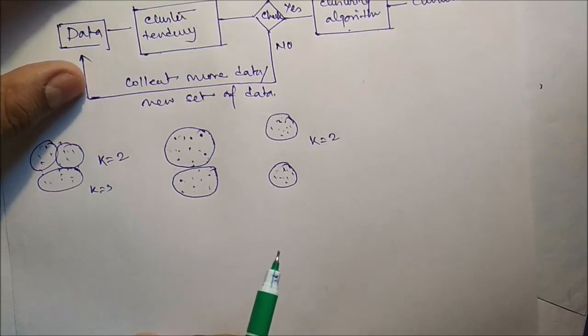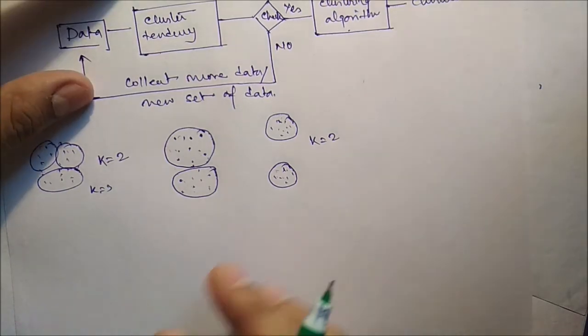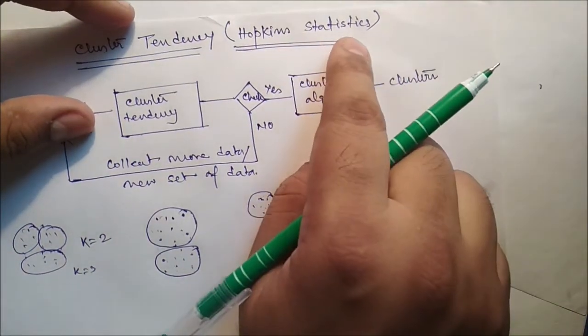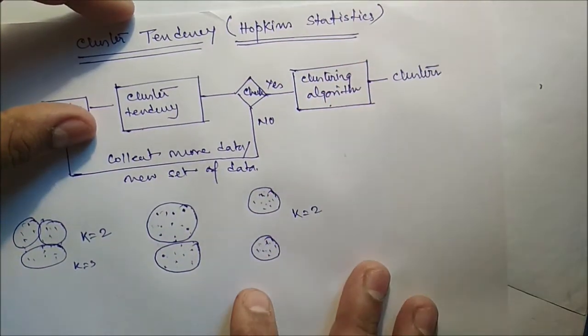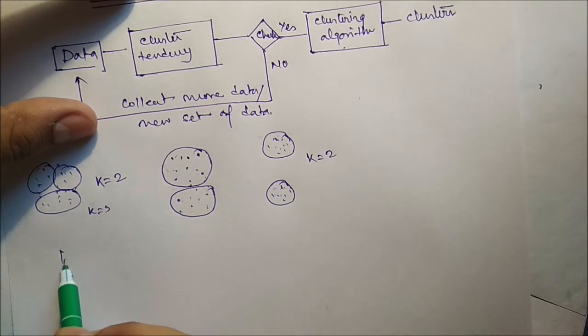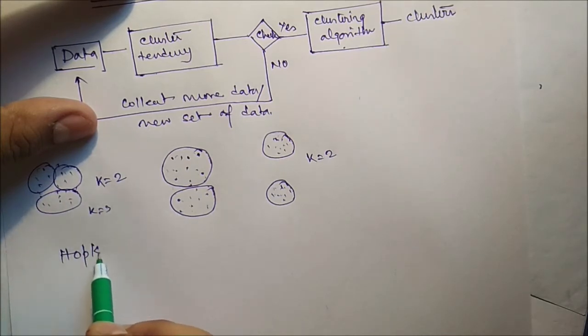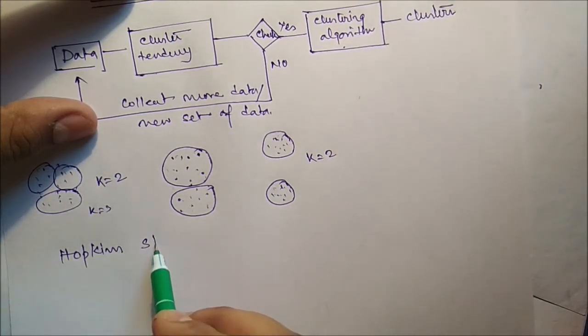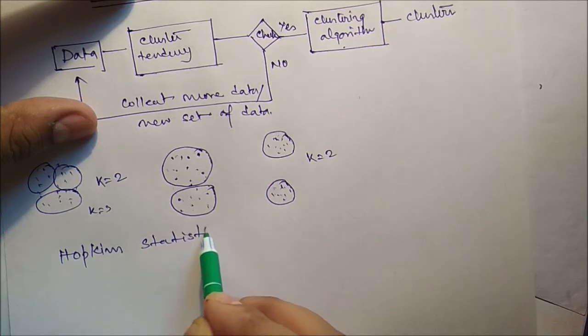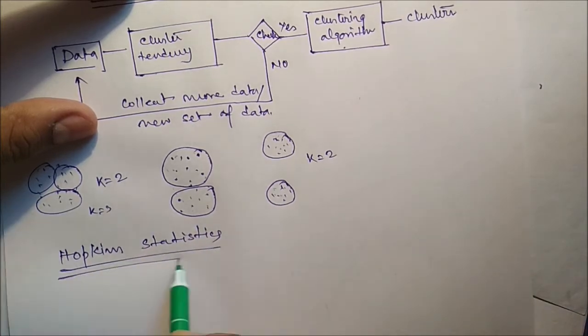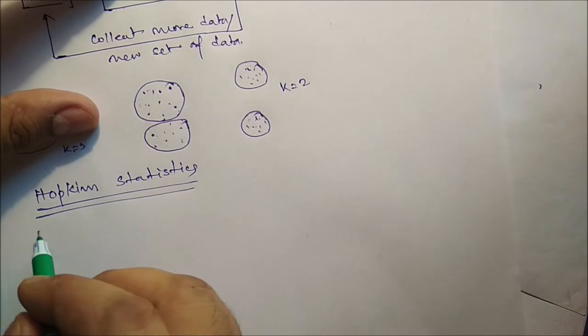So to know whether clustering tendency is there or not, we have to use Hopkins statistics. The steps are very simple.